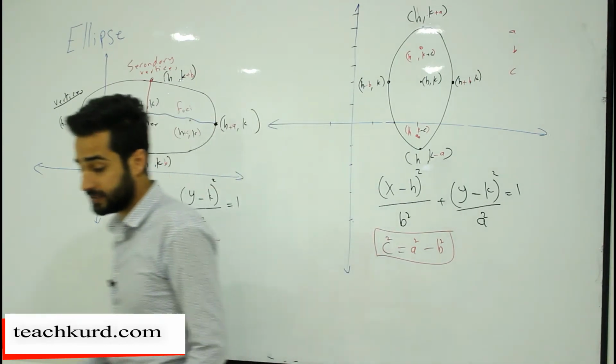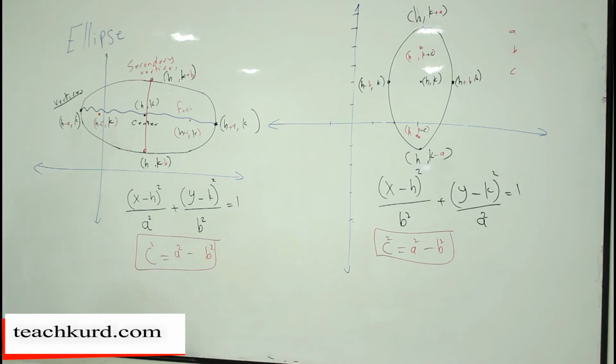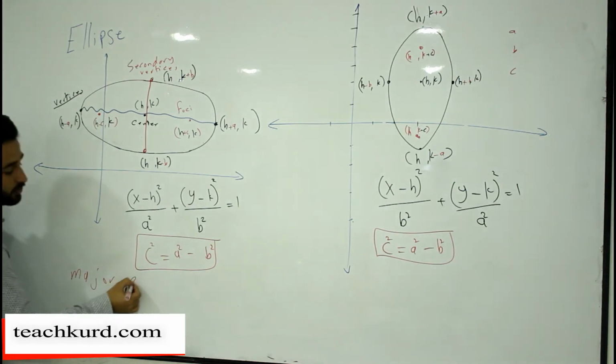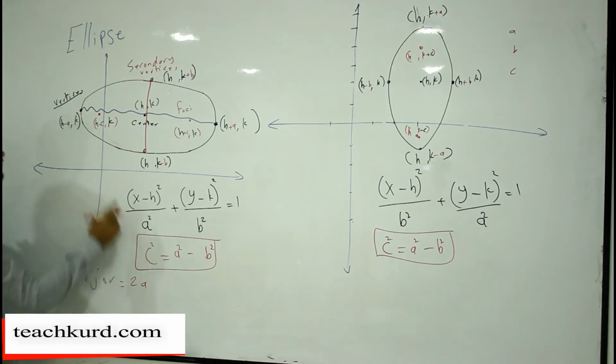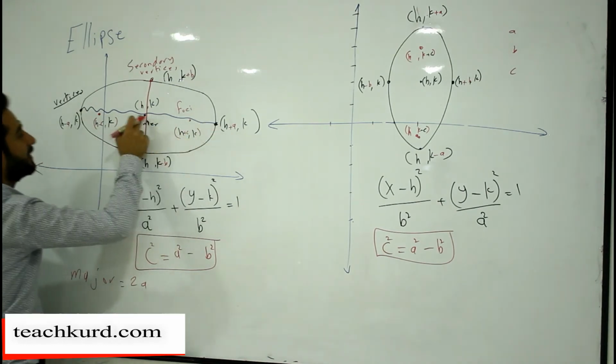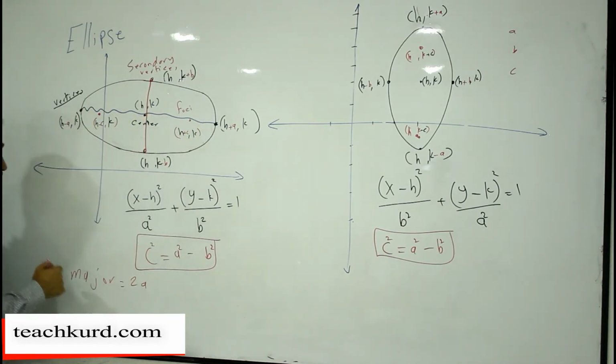The major axis is 2a. Why? Because this is 1a and this is the other way. It becomes 2a.